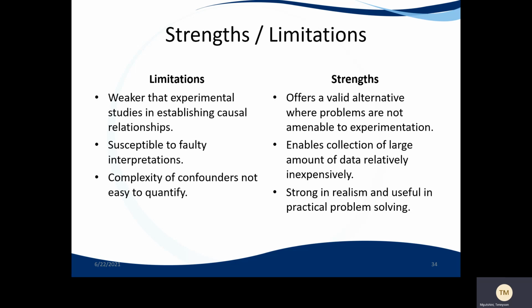And there's an argument that correlational research, by not imposing a true experimental space on the researcher, allows for a greater chance of realistic ways of seeing things, and therefore it is much more useful in practical problem solving.